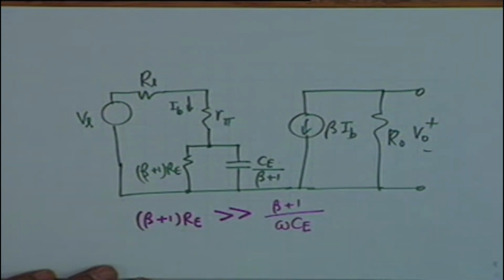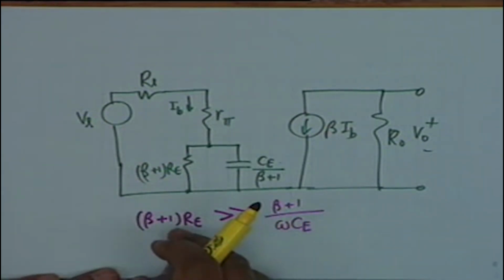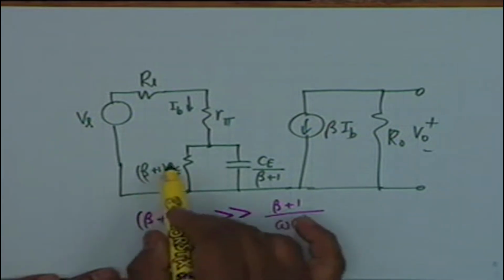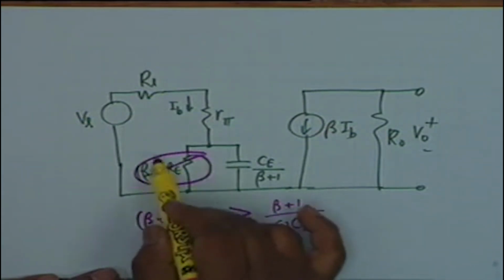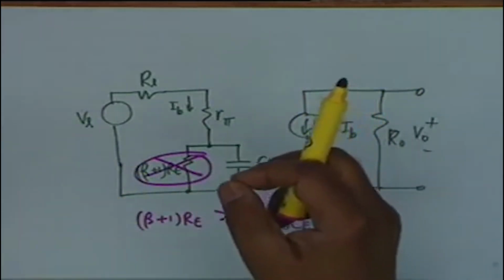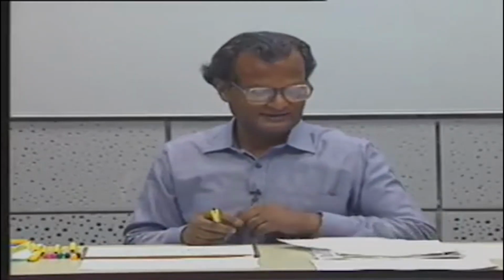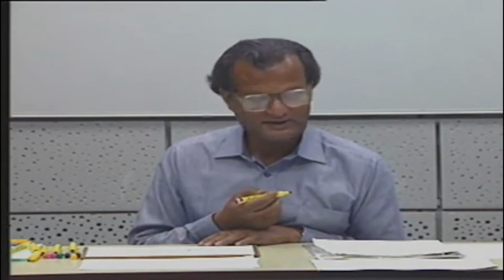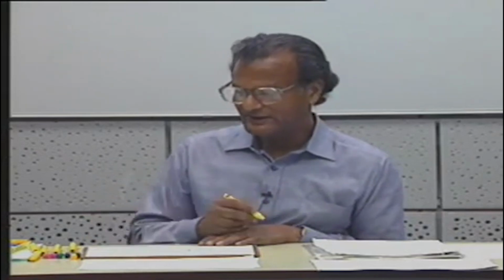CE is usually chosen large such that the impedance of the capacitor is much less than the impedance of the resistance, which means that safely you can ignore this part of the circuit. If I have two impedances in parallel, one of them is very large compared to the other, then the effective impedance is that of the smaller one, and therefore the equivalent circuit simply becomes this, from which you can now calculate the gain, that is V0 by Vs.